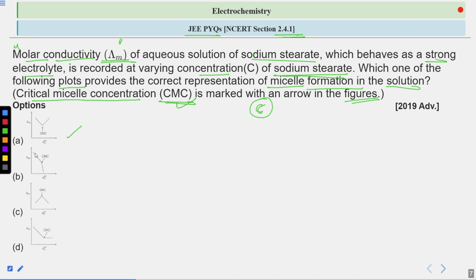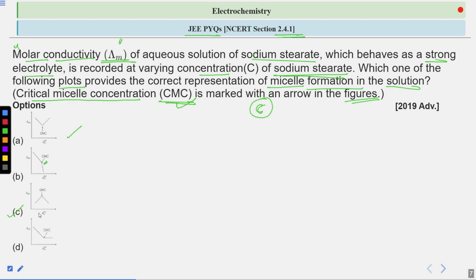Graph B is also a graph between the molar conductivity and under root c, where the line is a straight line and then goes slightly backward with respect to the under root c value, and the arrow here represents the CMC.